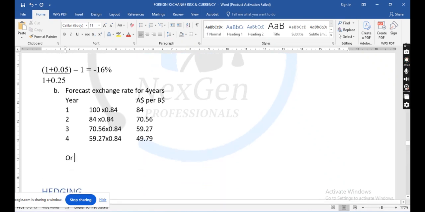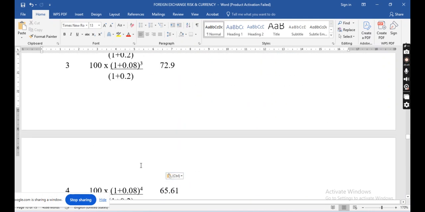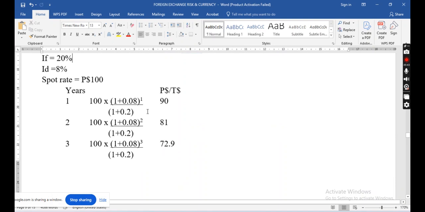Or alternative method, year 1, year 2. So we can have the same thing here. Alternative methods to this. Let me quickly copy this part.